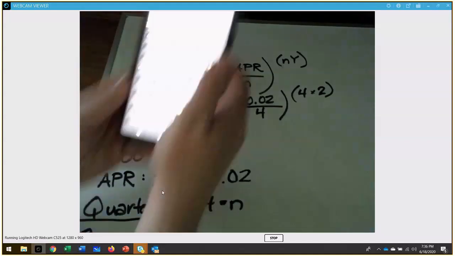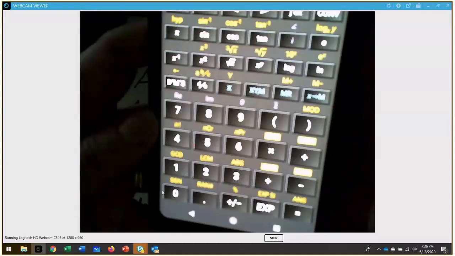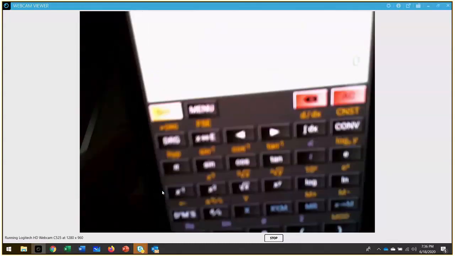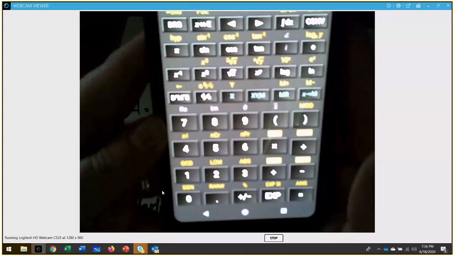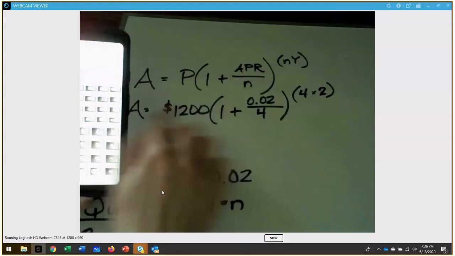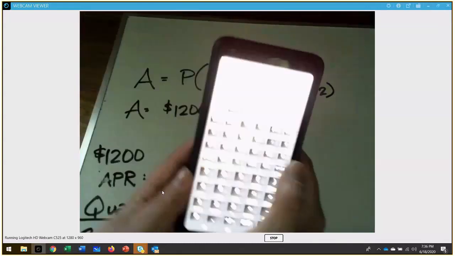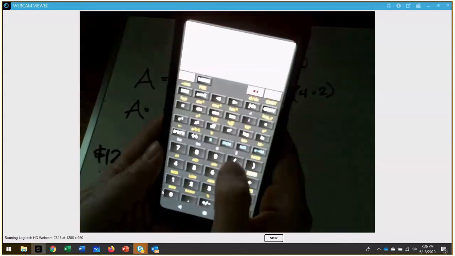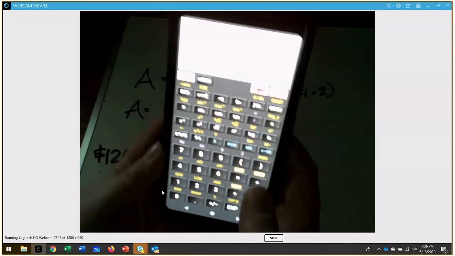So again, I only have my phone here, so I'm going to try to see if I can zoom it in up here. Looks like it'll display. So, okay. So here we go. I'm going to start with 1,200. Then I'm going to hit the parentheses. Then it's 1 plus.